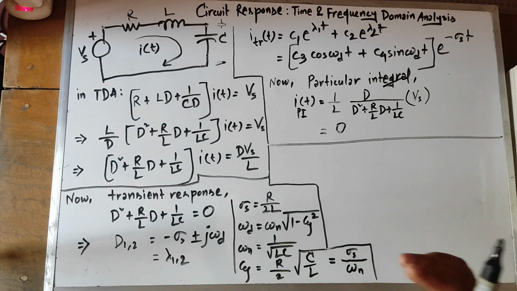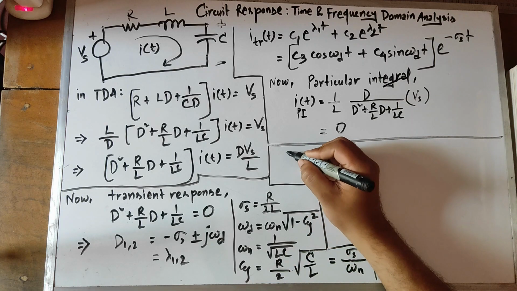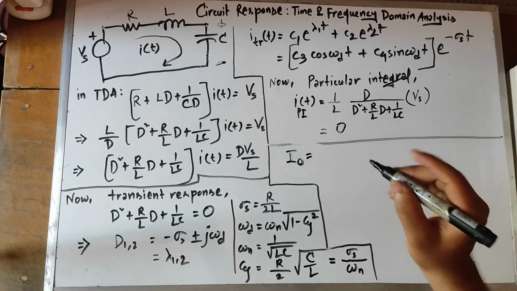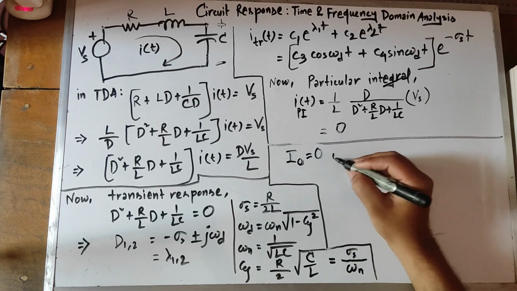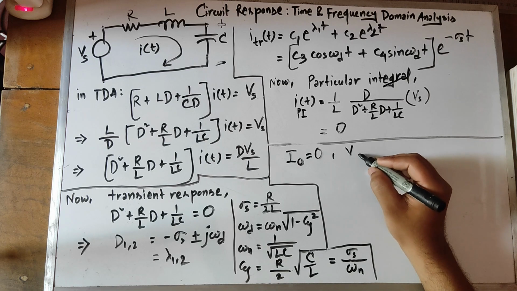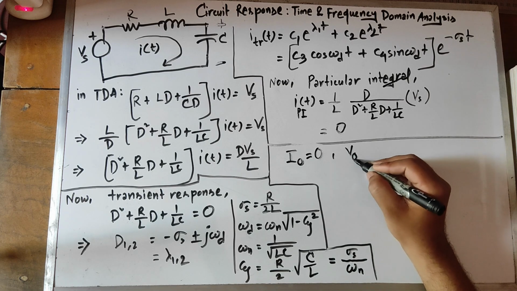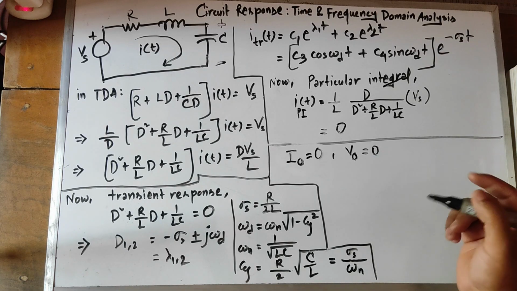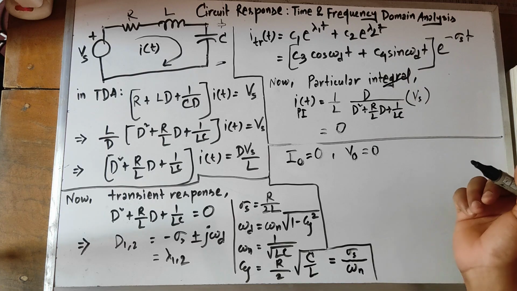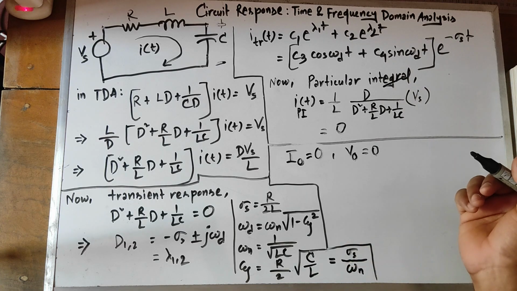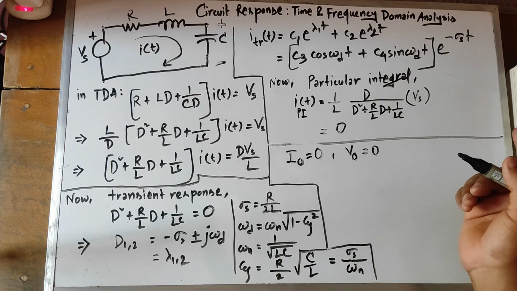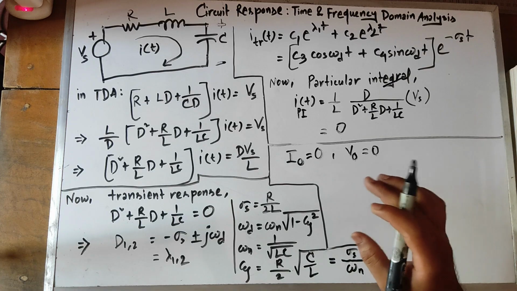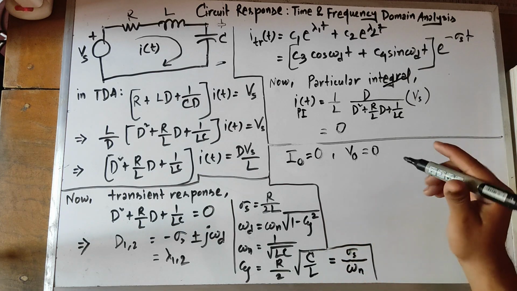In this case, I'm going to assume the initial current through the inductor is zero, and the initial voltage across the capacitor is also zero. In my previous video, in deriving the response of the source free series and parallel RLC circuit, I assumed that there was indeed initial current and voltage, but in this case I'm not.